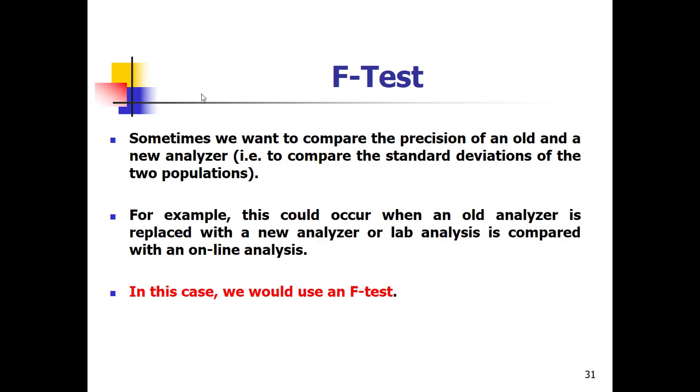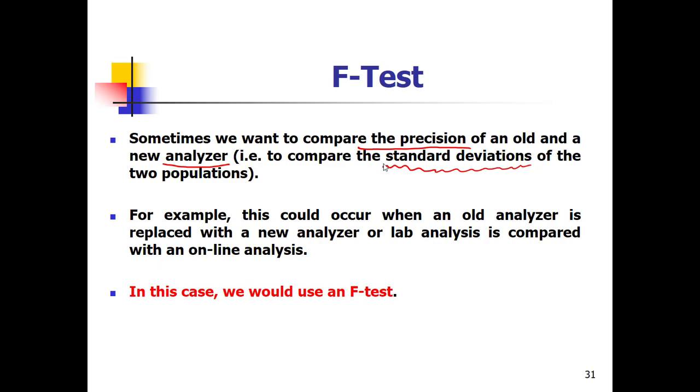As I said, the F table or F distribution is used to do the F test for comparing the precision or accuracy of old and new phenomena, old and new experiment, old or new analyzer. We compare the precision, and precision is represented by the standard deviation. For all the tests that we had, pooled t-test, p approach, p value, they were all comparing the means.